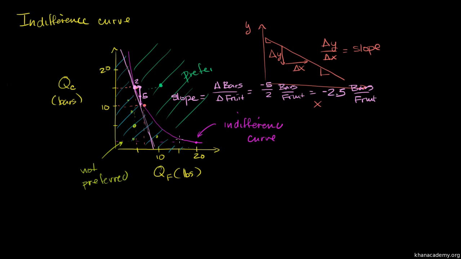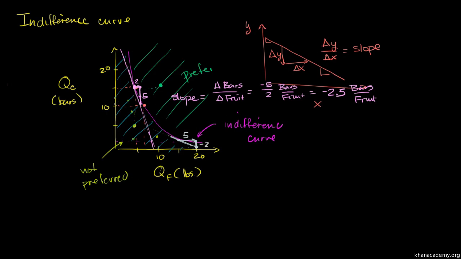Over here, the slope looks a little bit different. Over here, it is much flatter. So let me draw it in a color we haven't used yet. So over here, the tangent line looks something like this. And let's say when you calculate it, this looks like about 5 pounds of fruit. In order to get 5 pounds of fruit, you are going to have to give up 2 bars.